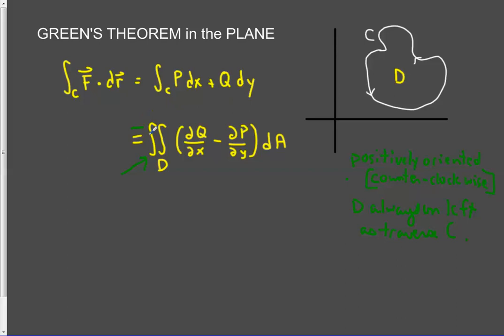It would just be the negative of this double integral. Okay, but we will pose this assuming that we're going around in the positively oriented direction, and then it is equal to just the double integral without a negative sign.